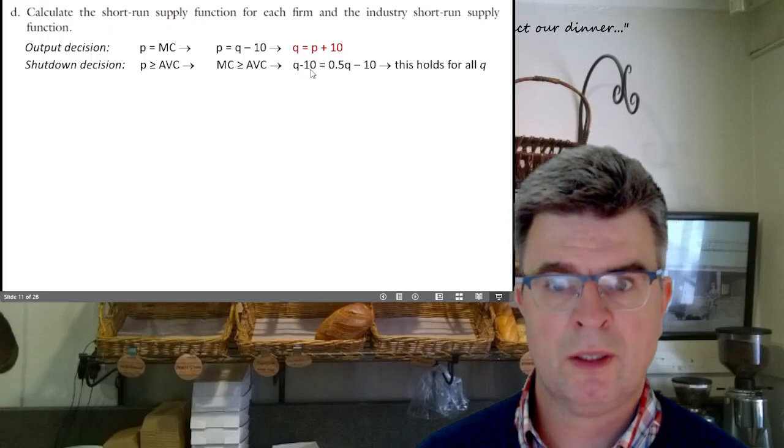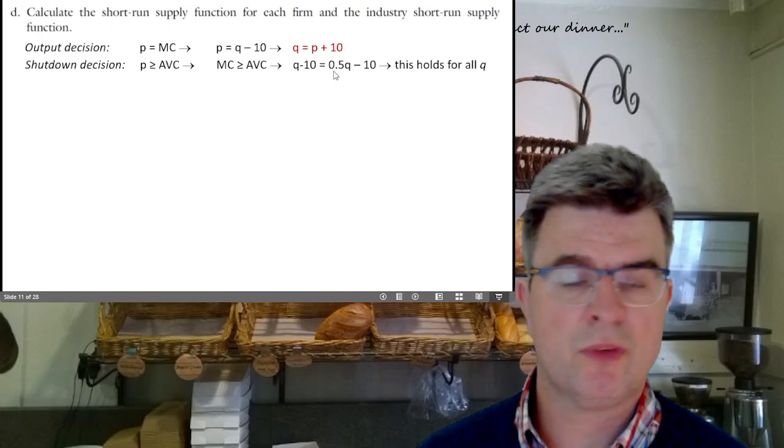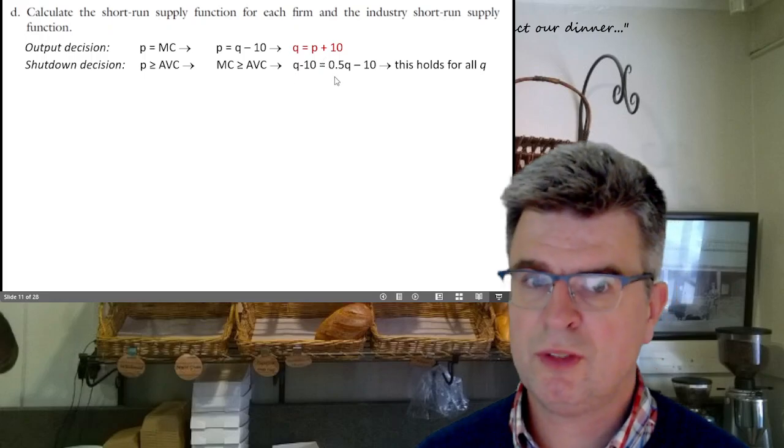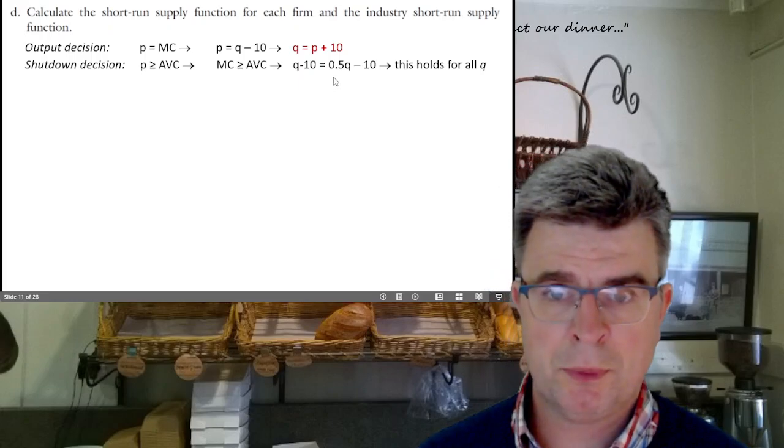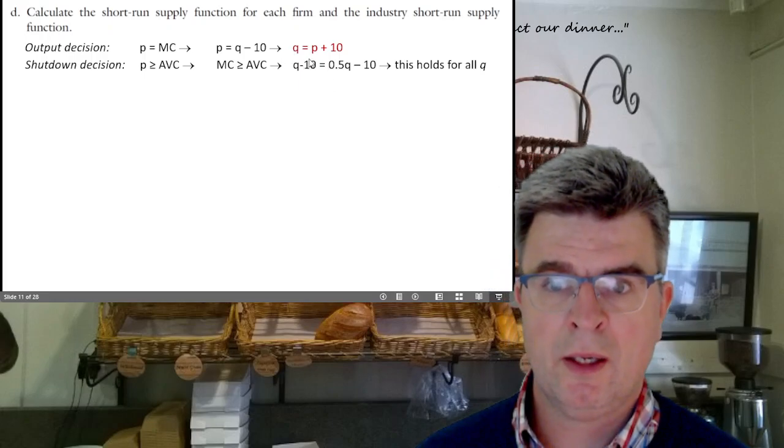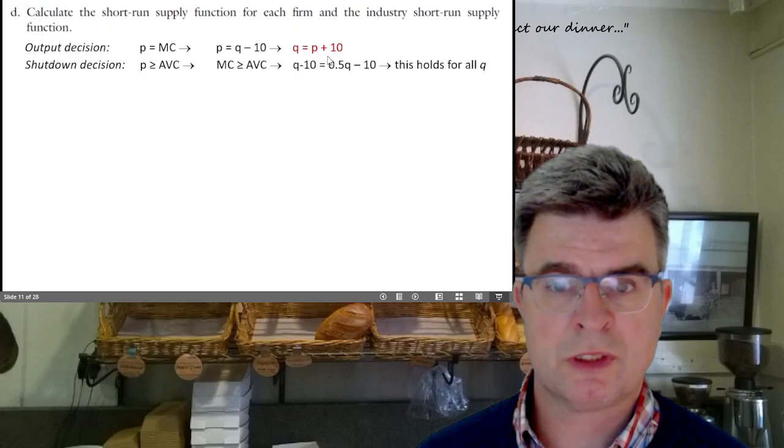The 10s cancel out, so Q should be at least equal to 0.5Q, and this holds by definition. So the firm will produce and it will supply P plus 10 units.